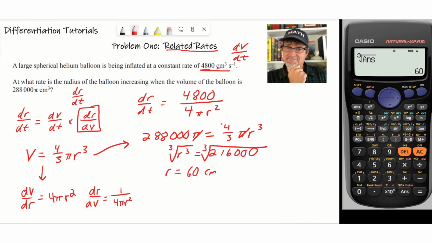And now I can plug that back into my formula. So I've got dr/dt equals 4,800 over 4 pi times 60 squared. And let's head to the calculator again. 4,800, and I'm dividing by 4 and by pi and by 60 squared.